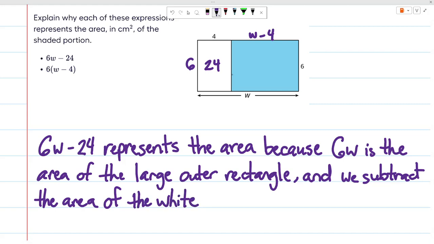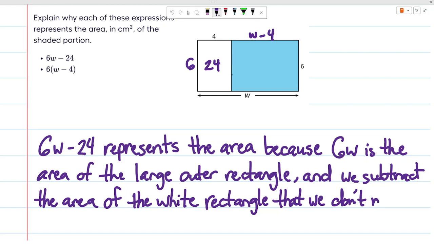If I said triangle earlier, sorry, I keep saying triangle when I mean rectangle. So that helps us find the area of the blue rectangle. So that's our first one.